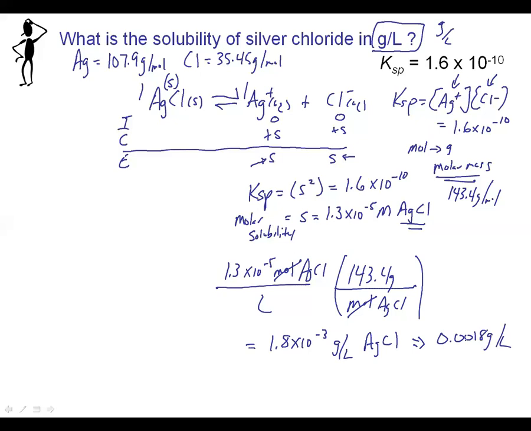That is not very much, right? So you basically can dissolve in 1 liter or 1,000 milliliters 0.0018 grams of silver chloride in water. And as you will know, that is a very small amount, which is why we typically will consider silver chloride to be solid.